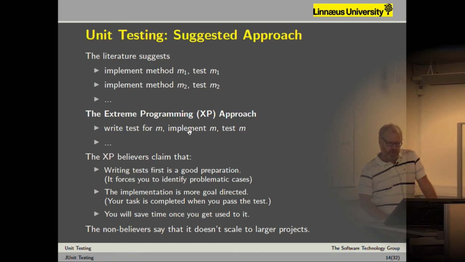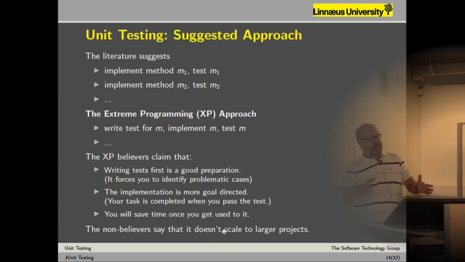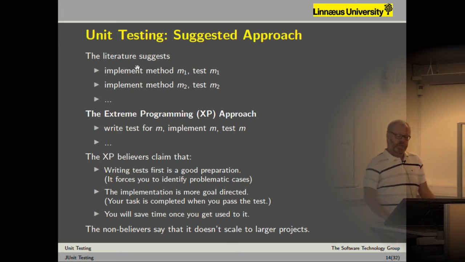Once you have a test, all you have to do is to implement something that fulfills this test. Then you're done. So people say that this is a good idea. Non-believers say it is nice for smaller projects, but it doesn't work for more complex systems. But in general, I am recommending this approach.